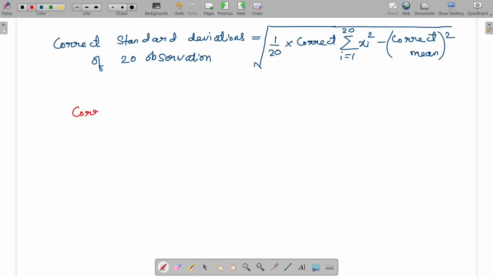So correct summation i going from 1 to 20 xi square is equal to incorrect summation i going from 1 to 20 xi square, minus, we have to delete the 8 observations, right?